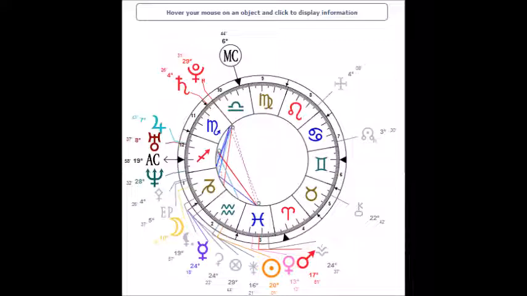All right, so what we're going to do right now, we're going to look at the number 24 because her Mercury in Aquarius is at 24 degrees.